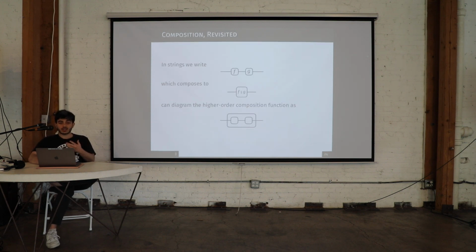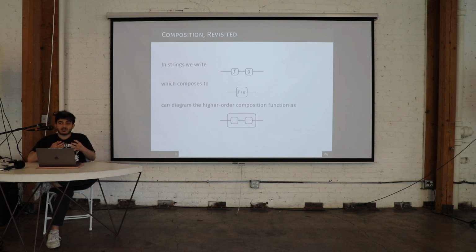So in strings, composition is just as easy, maybe even easier. It's just literally two boxes, two beads along a string, like a necklace. And composition is you're just squishing the boxes together into a single box. Then we can abstract this, if you want, into the act of composition itself, which is a higher order function, as you know. We'll depict it with a picture like this, which we call a wiring diagram or a schematic.